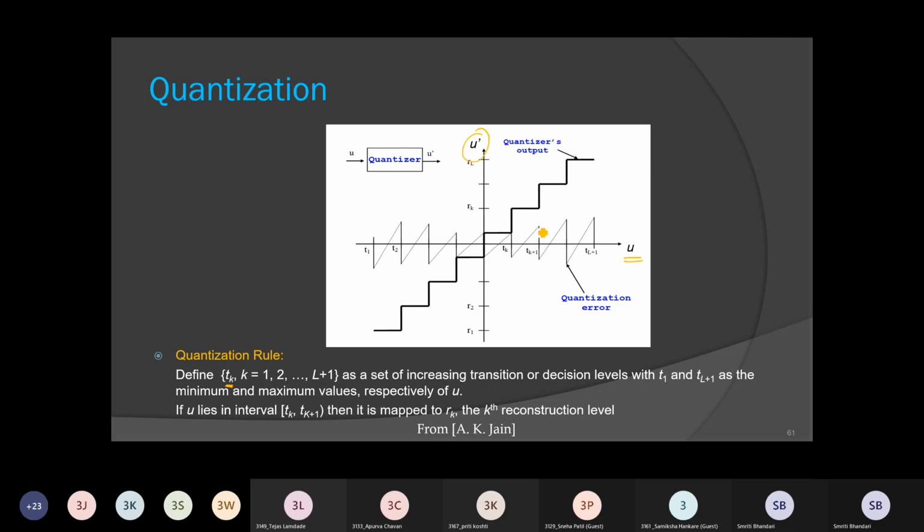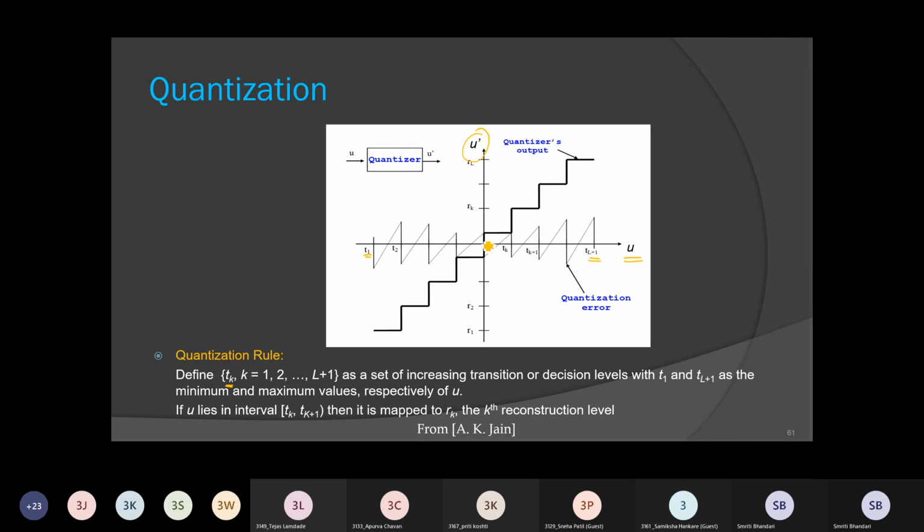So see here, I am having the value tk, tk plus 1, tk plus 2 and so on up to t(L+1). Right, so t1, t2 up to t(L+1). These are defined as a set of increasing transition or decision levels. Okay, so t1 is the minimum value and t(L+1) is the maximum value. And I'm having some uniform transition levels or decision levels between t1 and t(L+1).